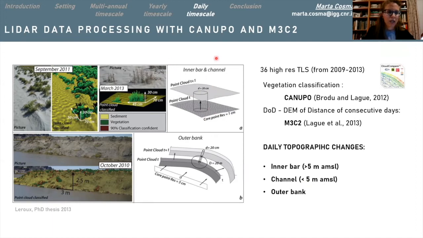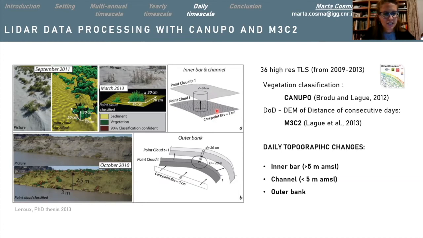for the inner bar and the channel, mainly in a vertical direction, and he set the maximum distance between the 2 surveys at about 20 centimeters, which is definitely a lot higher than the actual accretion.